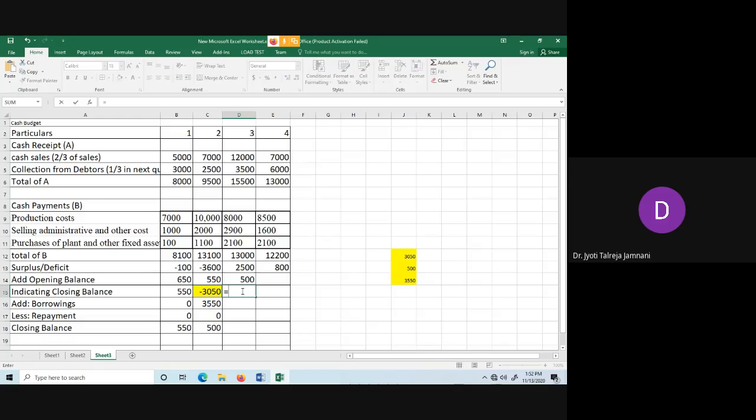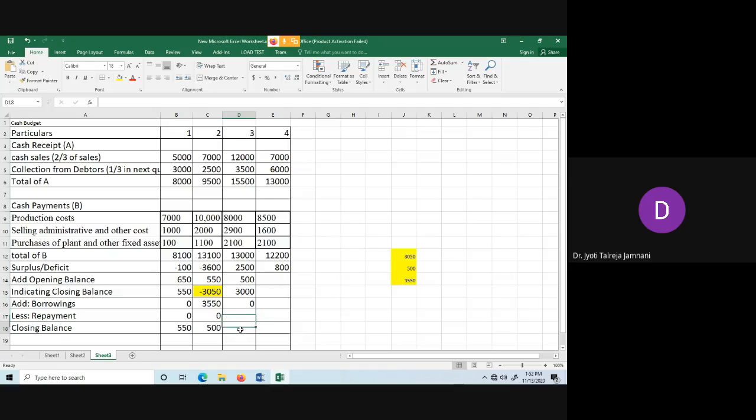So now we'll find again whether there is surplus or deficit and add opening balance to it. So in the next quarter, we have 3000 rupees and we need a minimum balance of 500. So it is much above that. We need not borrow anything, but we can repay now. How much can we repay?